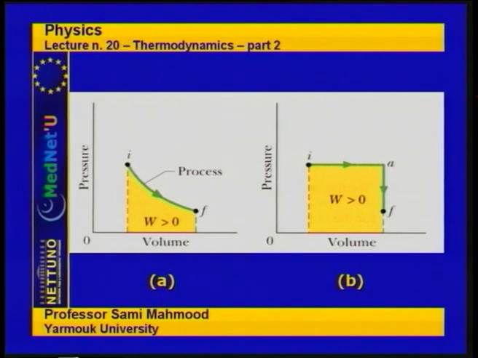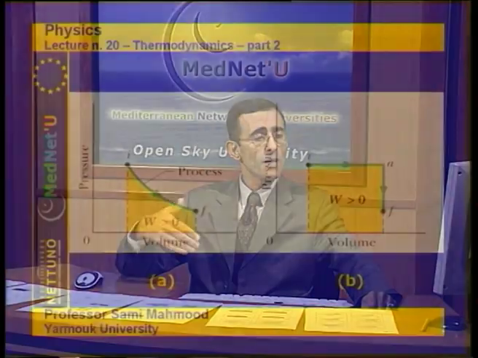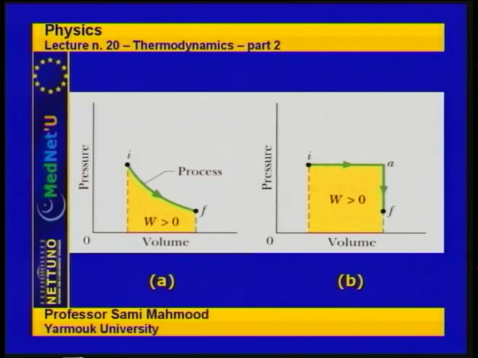Simply there is no area under this curve, which is AF. So this area is the work done, which is also greater than 0. But we notice that the work done in this process IAF is larger than the work done by the system during the previous process, the process in the first example.